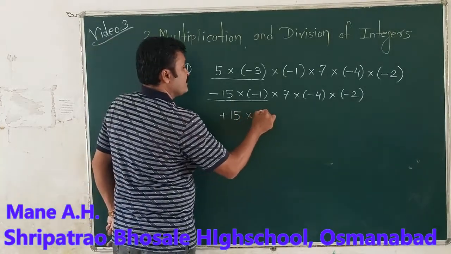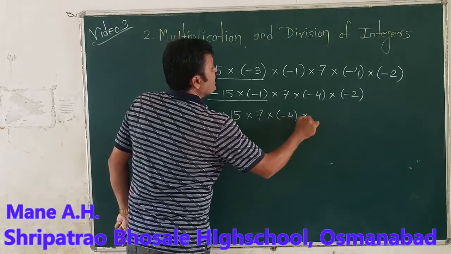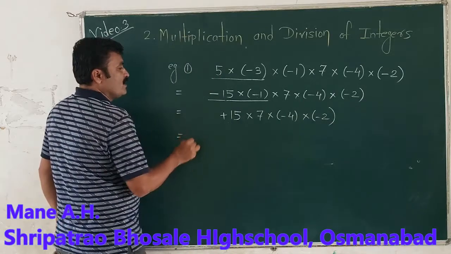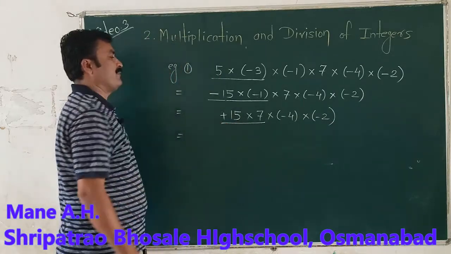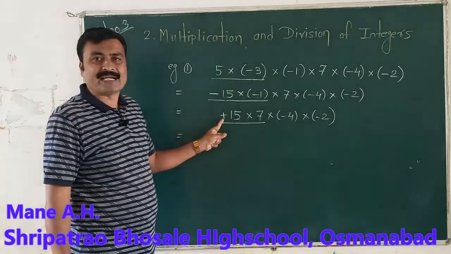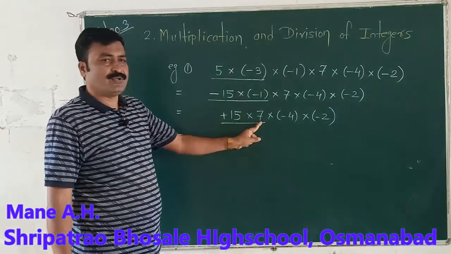Multiply 7 into minus 4 into minus 2. Now let's take the next multiplication, between 15 and 7. 15 is presently plus, a positive integer, and 7 is also a positive integer.